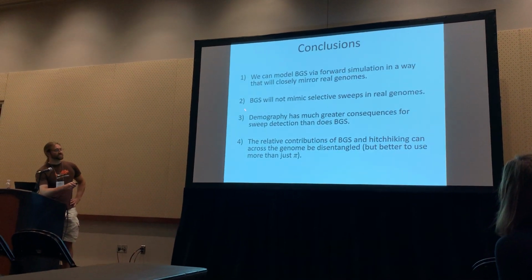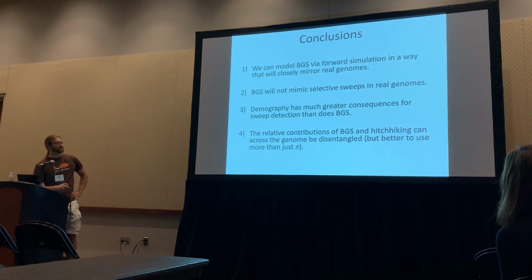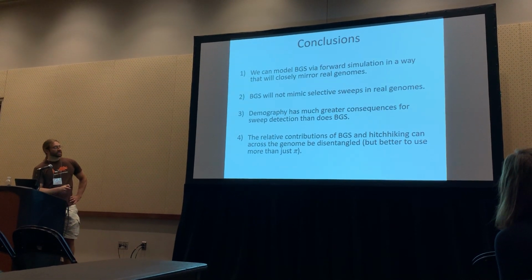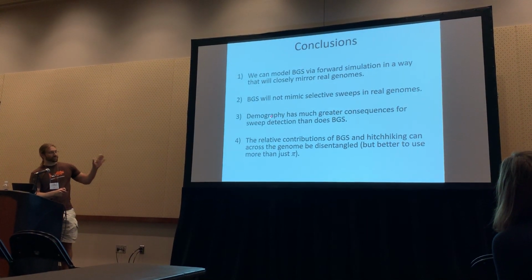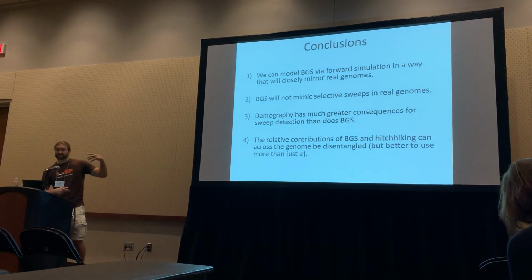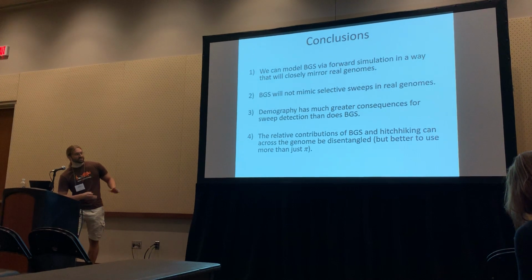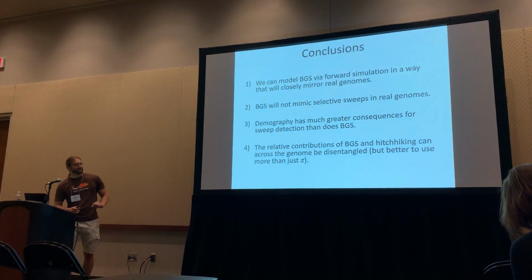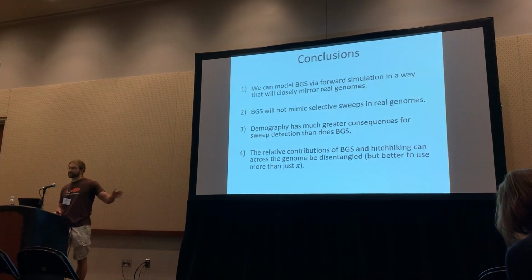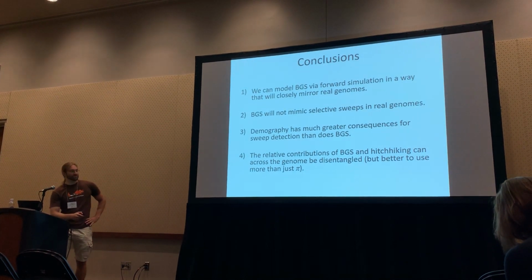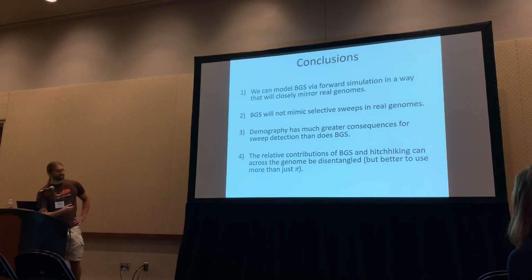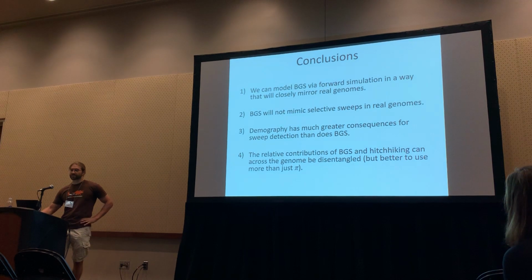And if we do that, we see that BGS will not mimic sweeps in actual genomes, and we should be far more concerned with demography than BGS in the context of detecting sweeps. And I think these two forces can be disentangled if we take this information into account. And also, I think we should use more than just pi in doing this. We should use the whole spectrum of diversity.